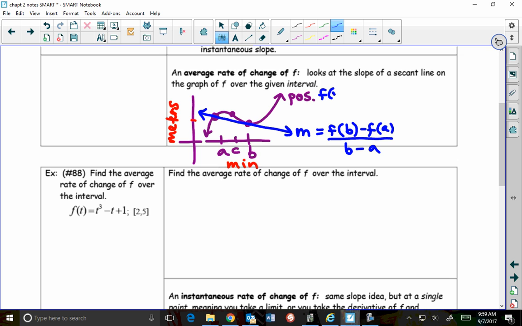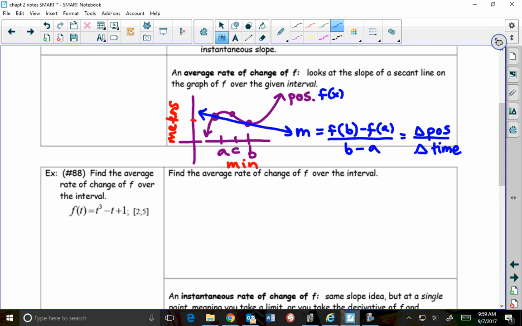Okay, so this is f of x. So the slope here, have you seen this over and over? This is just the change in y, or the change in position, over the change in x, or the change in time here.